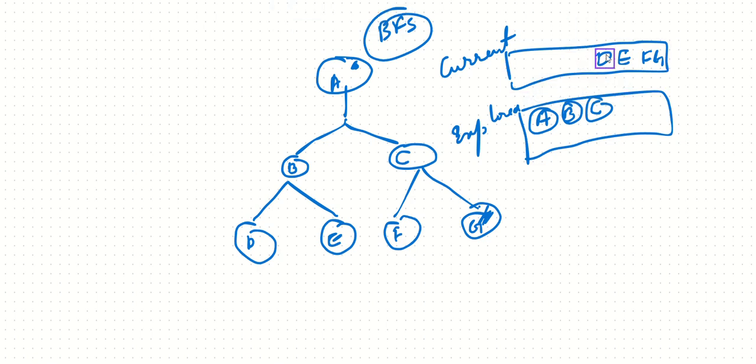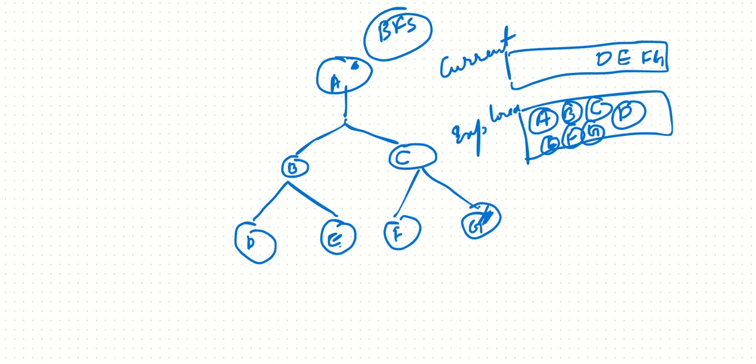Next we check D and put it in explored, then E, then F, then G. This is how it works.